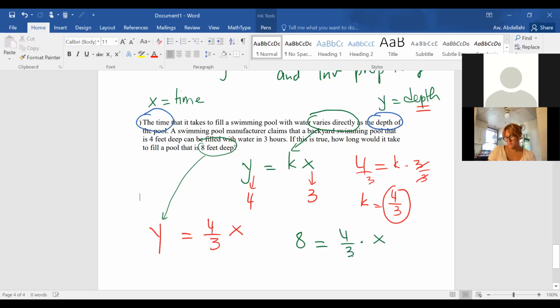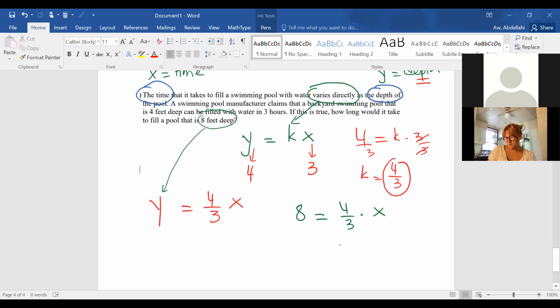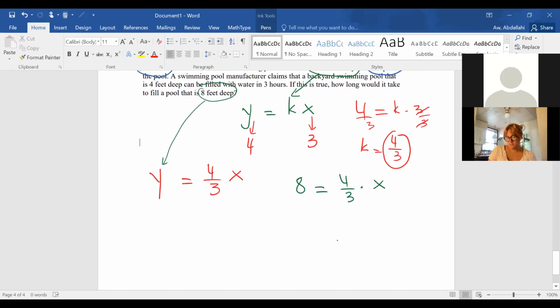Now, if you have a fraction next to a variable and you want to cancel that fraction, what do you do? Remember the algebra. You have to multiply both sides by what? I want to cancel that fraction 4/3, which is next to x.